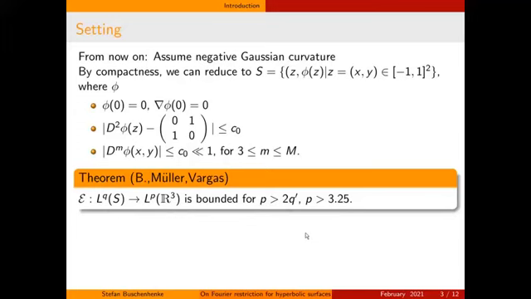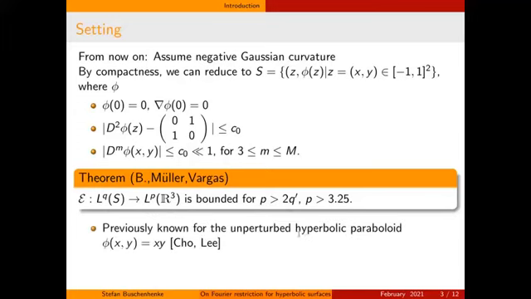I should mention there is the unperturbed case, where phi of xy is x times y, and the more general phi here would be x times y plus a perturbation term in the above sense. That was known by Zhou and Li. The reason the unperturbed case is usually easier is that you can scale independently in x and in y, and of course if you have a perturbation, that breaks down somehow.